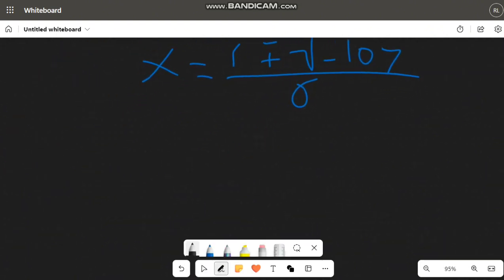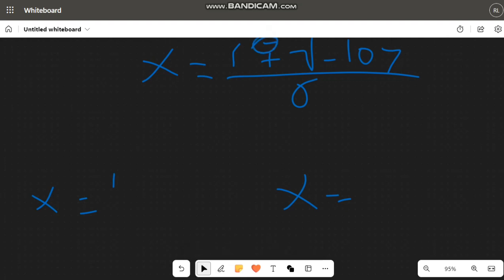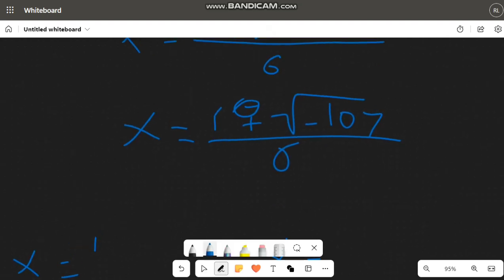Now what are we gonna do? Turn x into 2 x's. First one, we're gonna take the 1, take the minus there, and put it here. We're gonna take the plus and put it here.